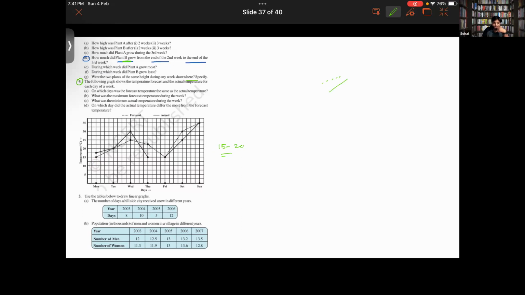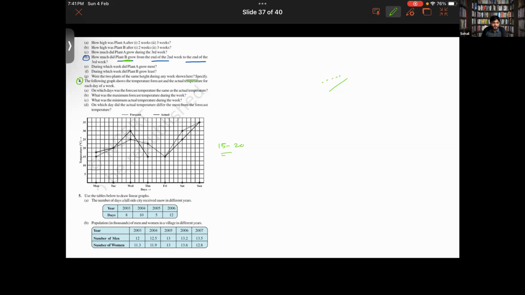So Thursday. Look at it, it's 15, but the actual temperature went above 20, right? So there's a difference of more than 5 here. Correct. That is on Thursday. Good.